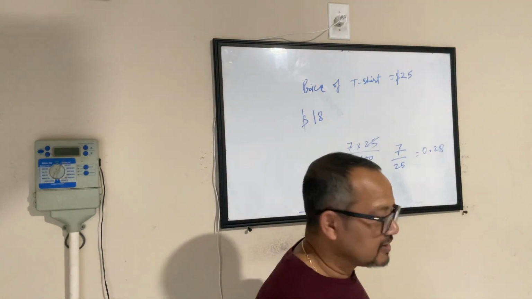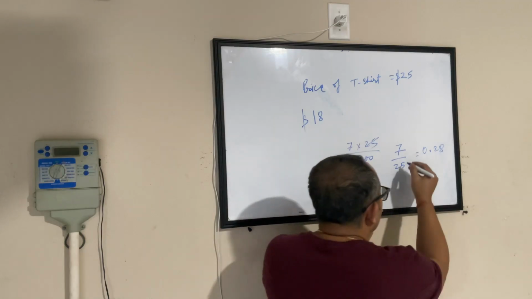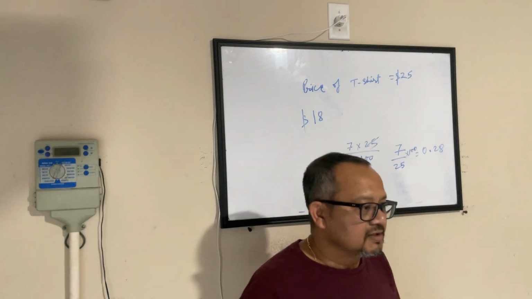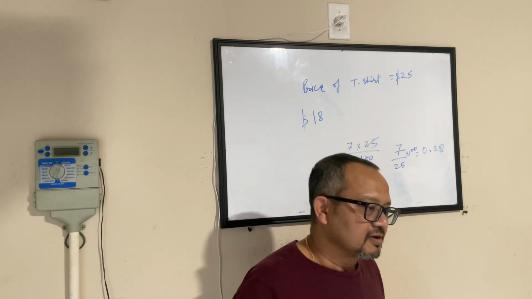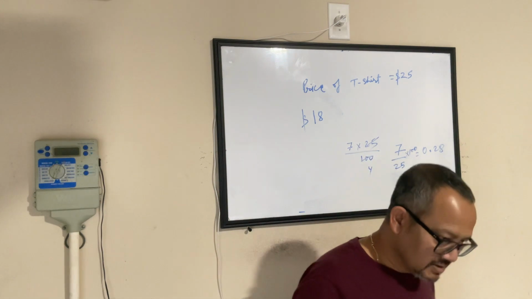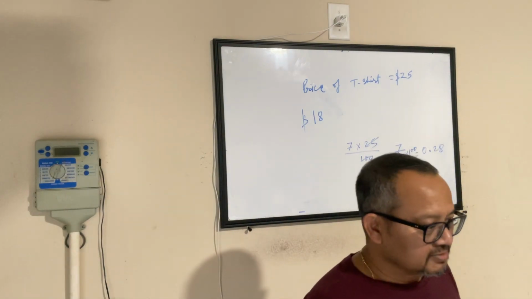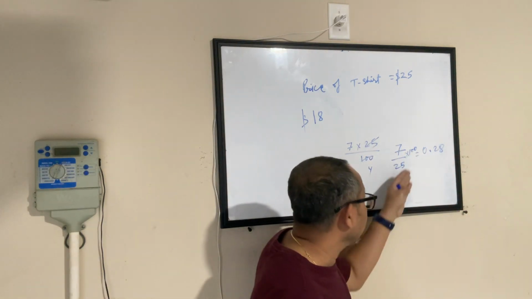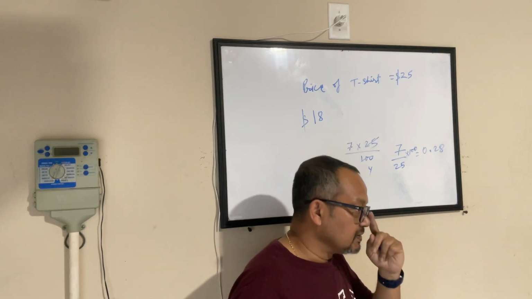I divided 7 by 25 and then I multiplied by 100. Lakshita, tell me, beta. I got 28%. Same way, 7 by 25 multiplied by 100. Advik, you're saying something.